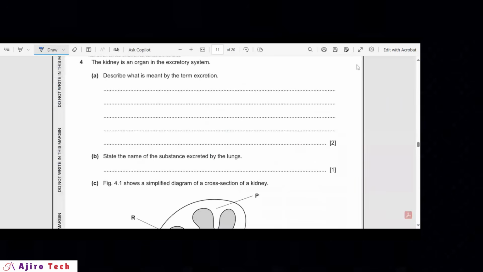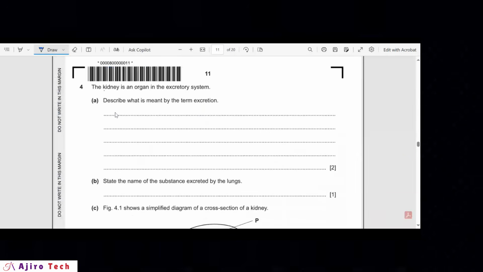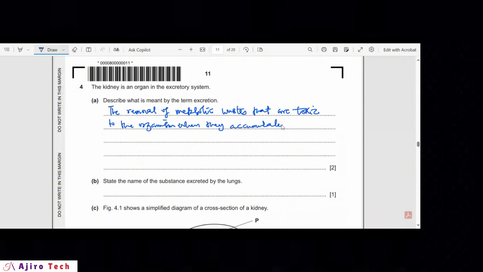So we go to number 4. Excretion is what is meant by the removal of toxic metabolic waste, the removal of metabolic waste that are toxic to the organism when they accumulate or become excessive.